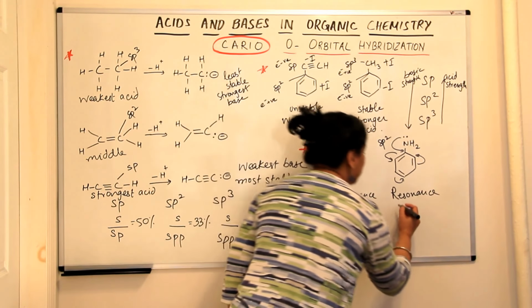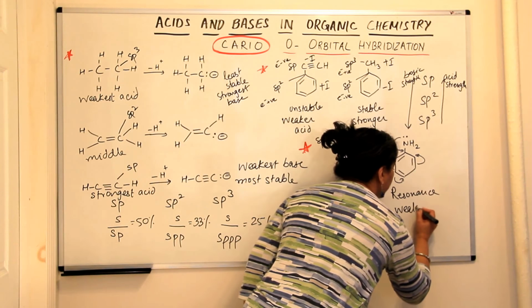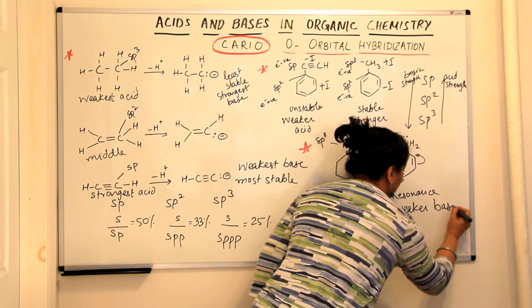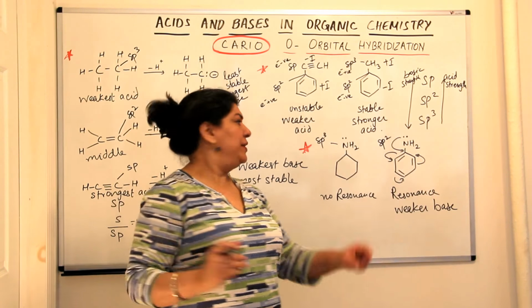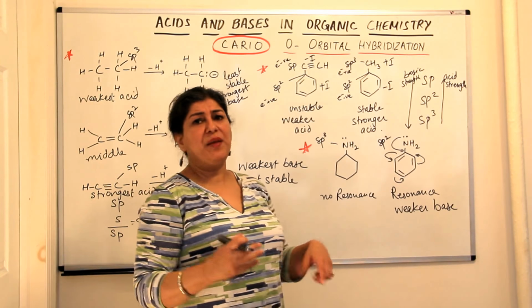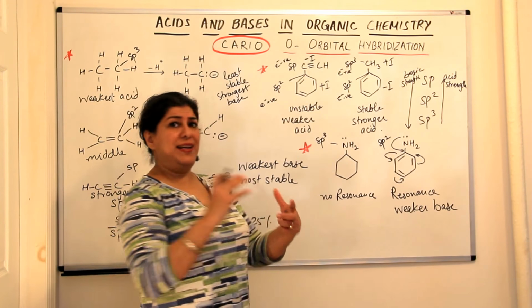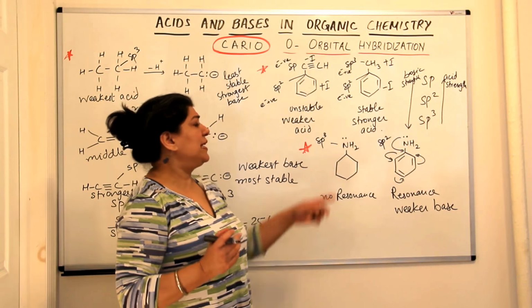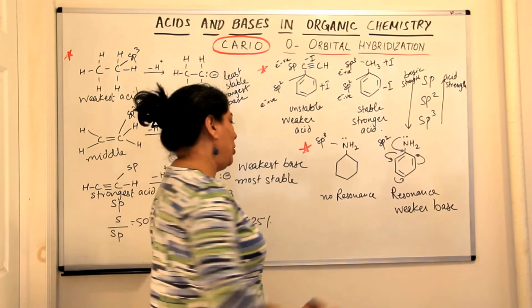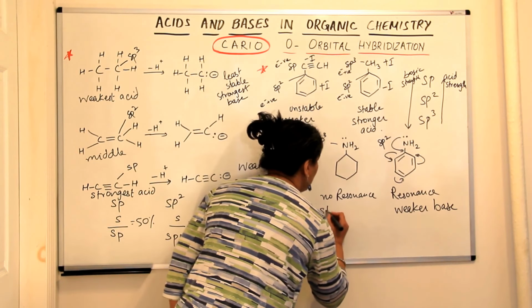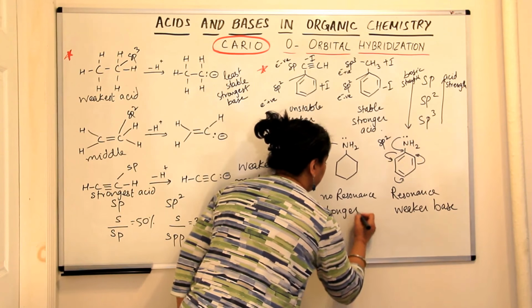And if they stabilize it, it means it's a weaker base. While this one has this pair of electrons which are free. There is no resonance. It is sp3 hybridized. Another reason why the S character is lesser. So these electrons are not so strongly bound to the nitrogen and can be lost. Therefore, this would be a stronger base.